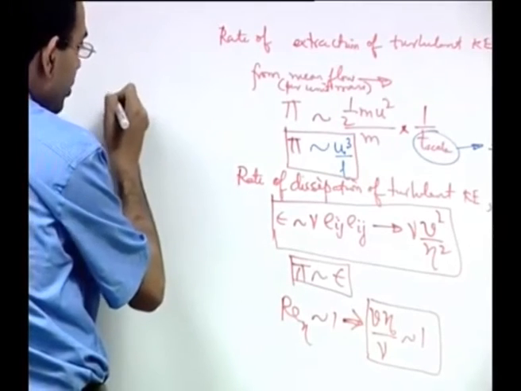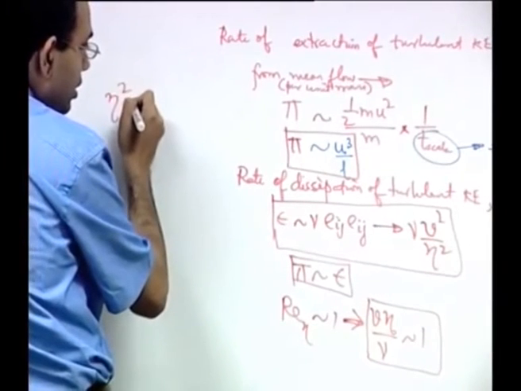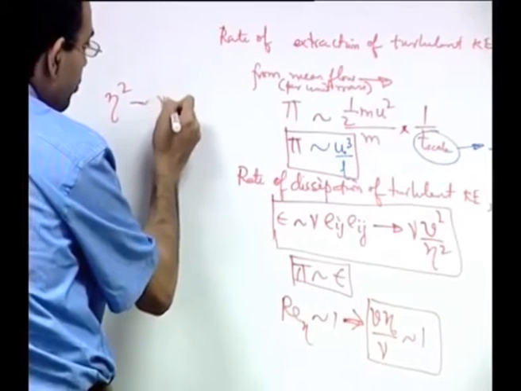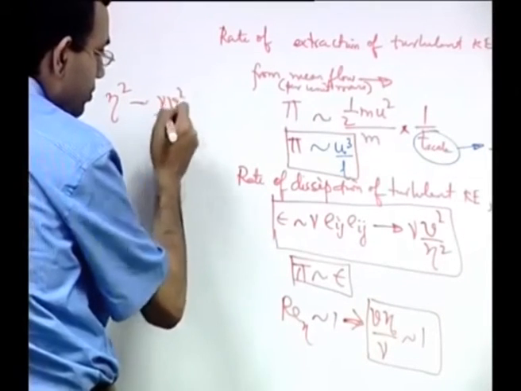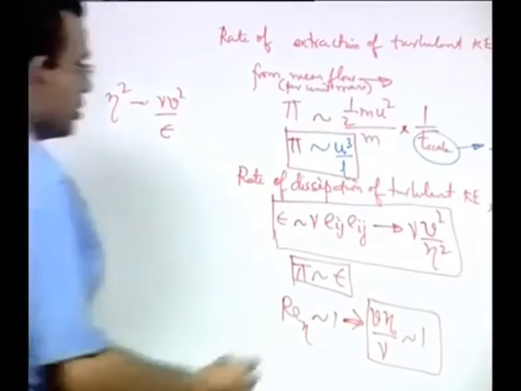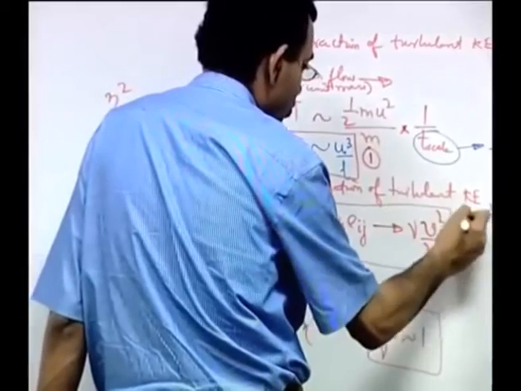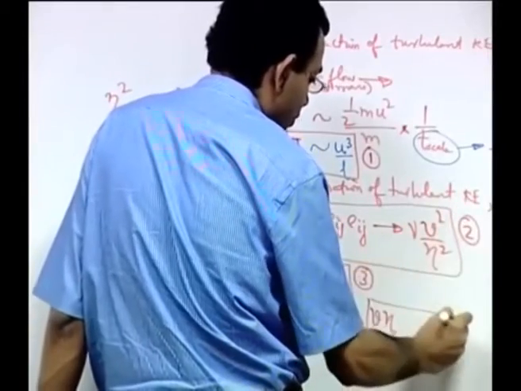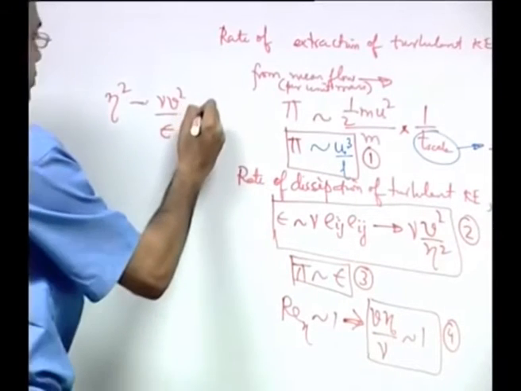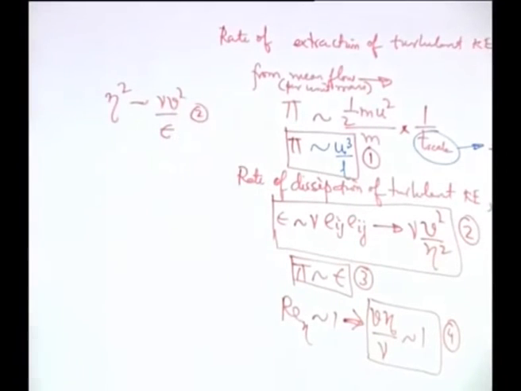So eta square is of the order of nu V square by epsilon. So if you call this as 1, 2, 3, 4, this is from 2. Eta square is of the order of nu V square by epsilon.